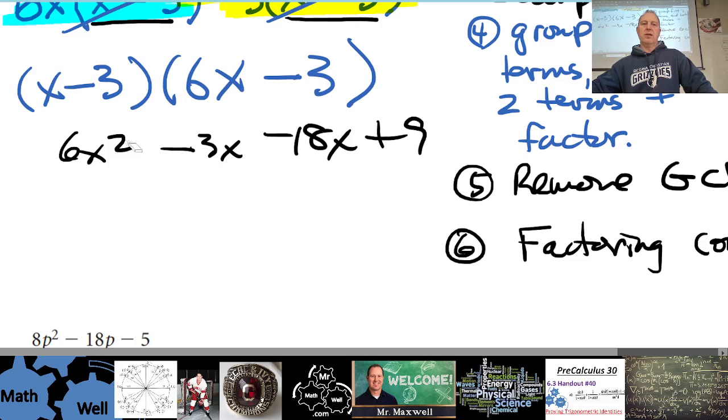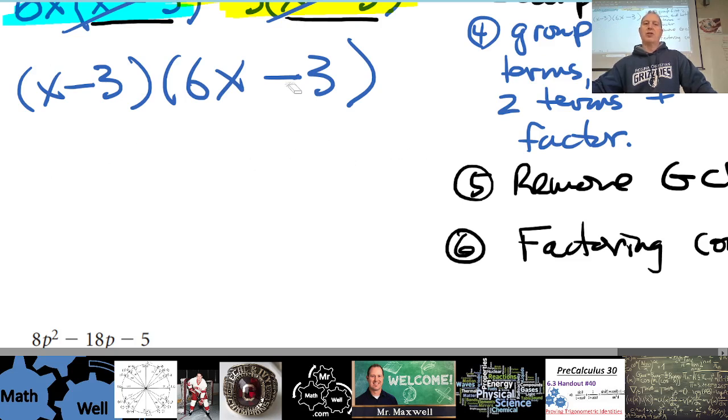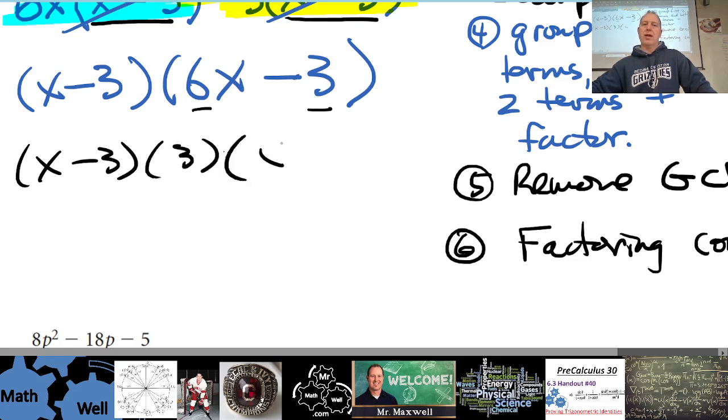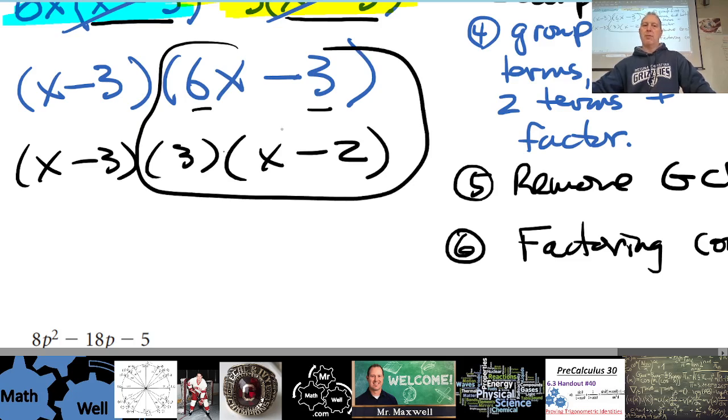This is not the fully factored answer, because if you notice, we have a common factor within a binomial variable, so we do have to pull out a common factor whenever we can. So you see we have a 3 as a common factor here. So this is actually times 3 times x minus 2 when I split this thing up.